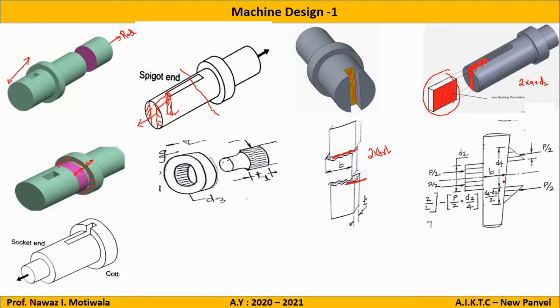Here you can see this is the socket part, and there is a tensile load acting on it, and because of the tensile load, where will it break? It will break at the minimum cross section area, which is nothing but this particular section. So there will be the tensile stress formula which we have already derived. And then the last part is this one, which is this part?